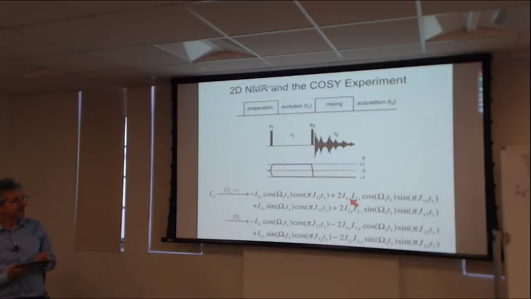Here, an x pulse does nothing to this first term, but takes z to minus y. So I end up down here with minus 2 I1x I2y. Here I have an x operator, nothing happens to it.